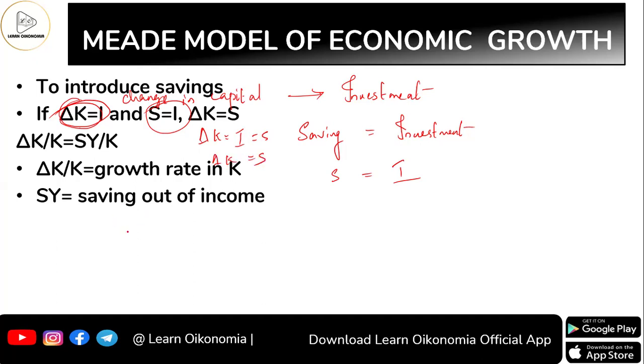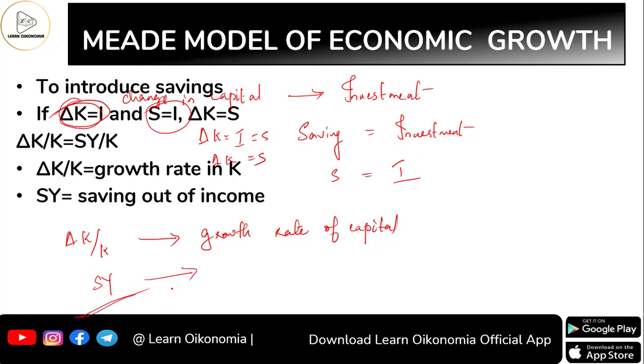So you need to understand that when you write this equation, delta K divided by K is the growth rate of capital or K. Now he was introducing the element of saving in the economy into his equation so that you have a new equation now by bringing Sy here. So what is it all about Sy? Sy shows the proportion of saving out of income.